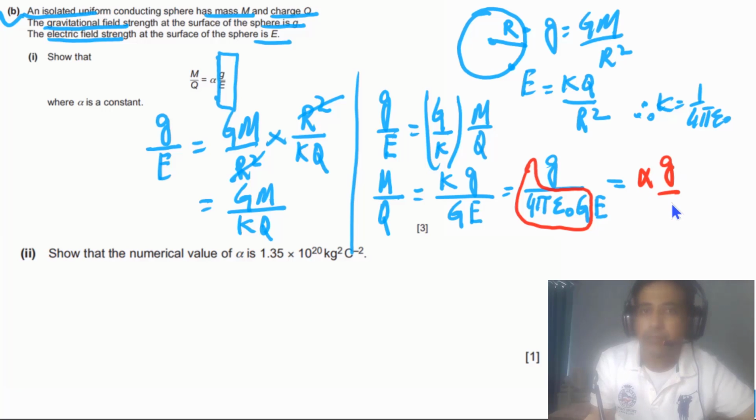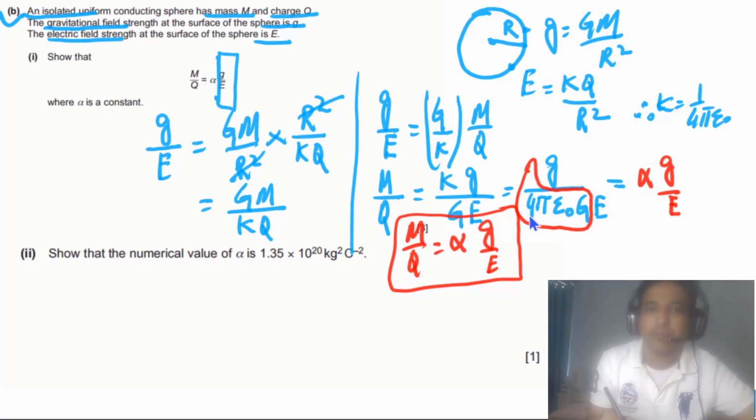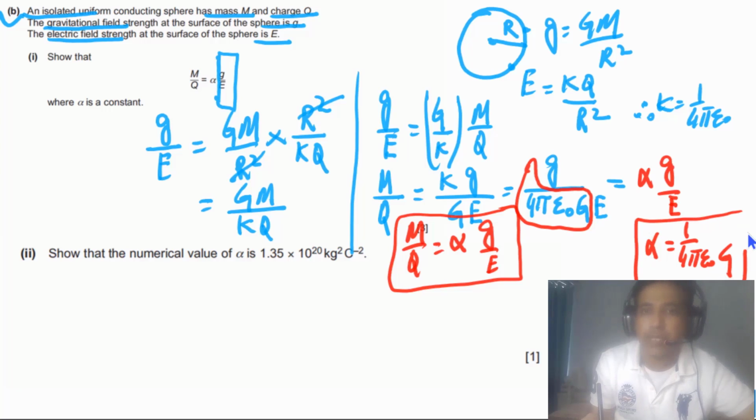So here we have g divided by capital E. So this is what we need to prove: M over Q is equal to alpha times g over E. And alpha is equal to 1 over 4 pi epsilon naught times capital G. So this is the value of alpha.